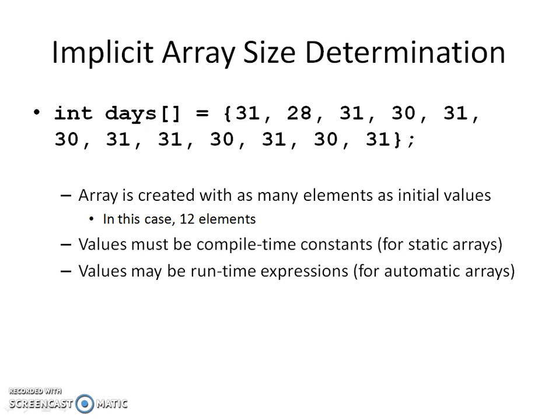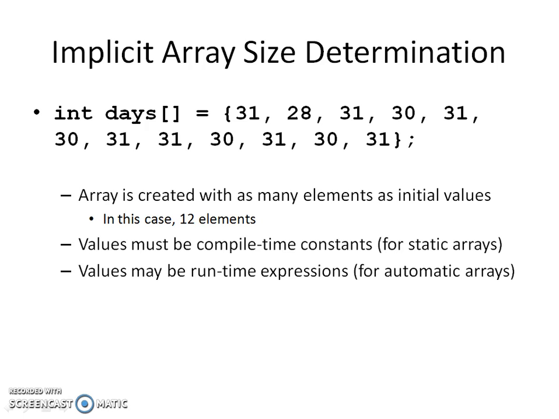In implicit array determination, the array size is not declared explicitly here, and it depends on the number of elements given in the array initialization. Here we are declaring an array of type integer with name days, and we are assigning the values of number of days in every month of a year.